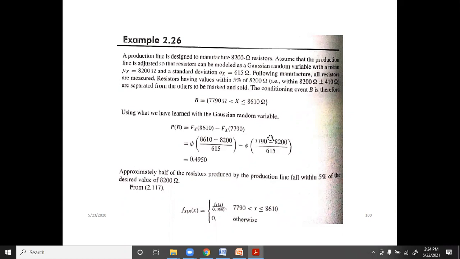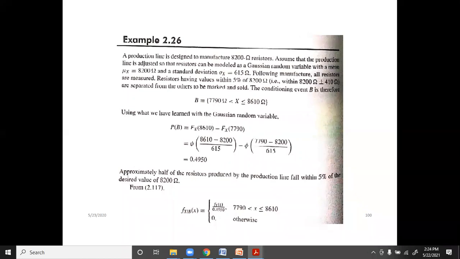So in a normalized Gaussian random variable, they will definitely be symmetric to each other, because this is 410 divided by 615 and this is minus 410 divided by 615. So 410 divided by 615 will give us the value 0.66666.